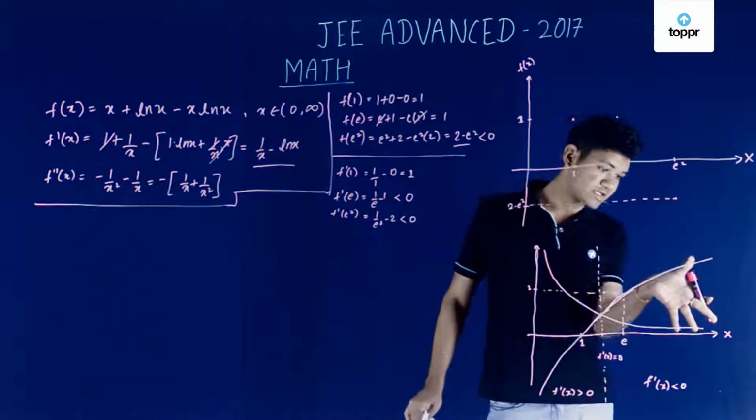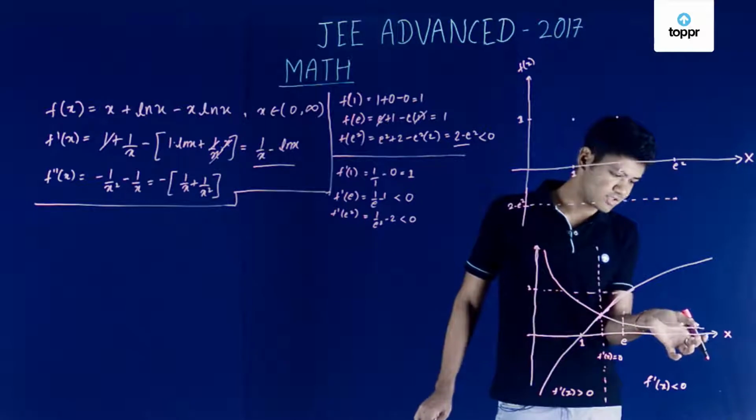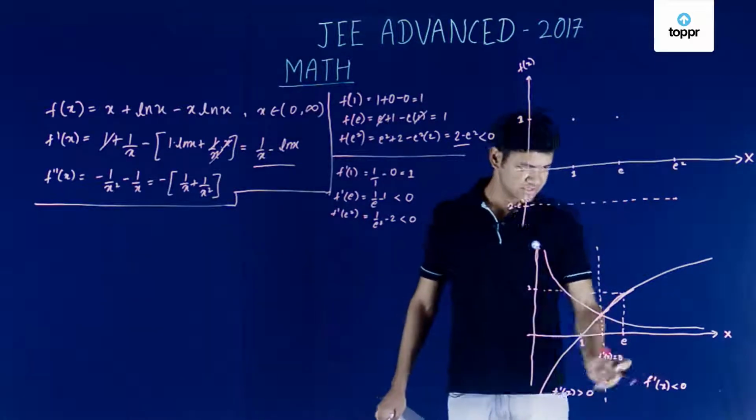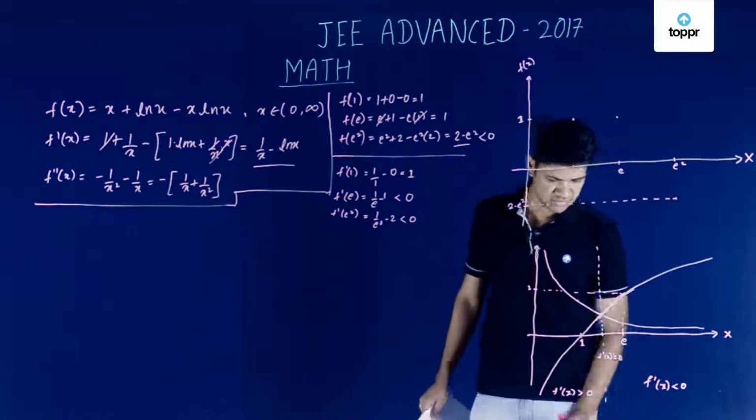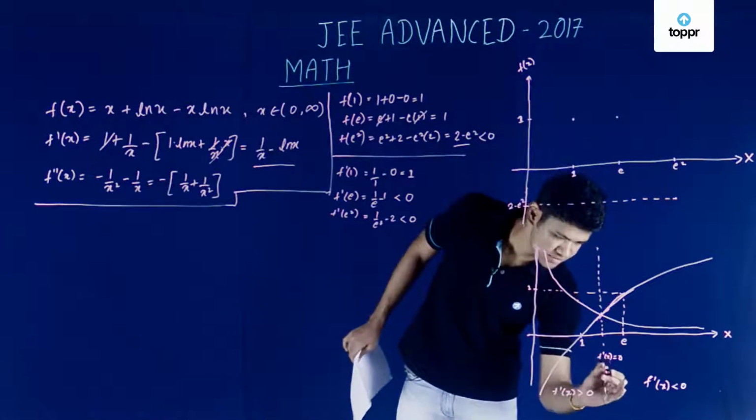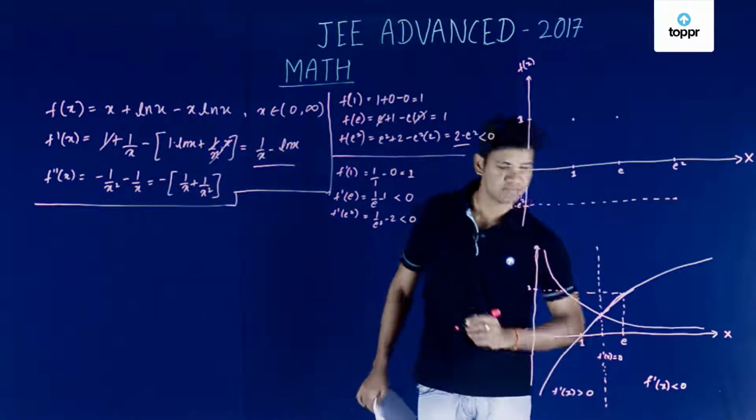So if we subtract ln x from 1/x, it is clearly a negative value.